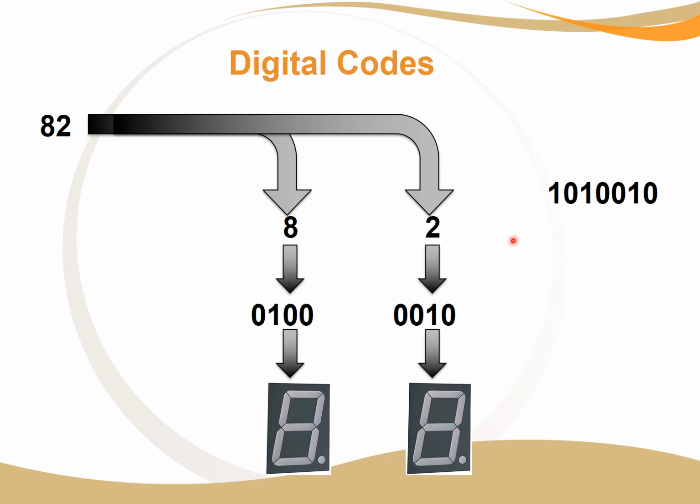So this is the normal binary number for 82, and then this would be the BCD code for the number. So if you take 82, you break it up into the BCD code.